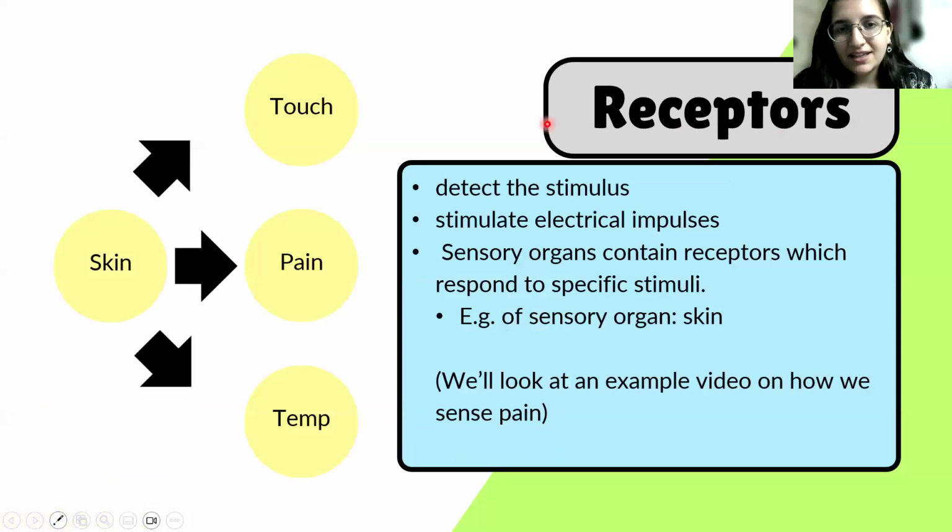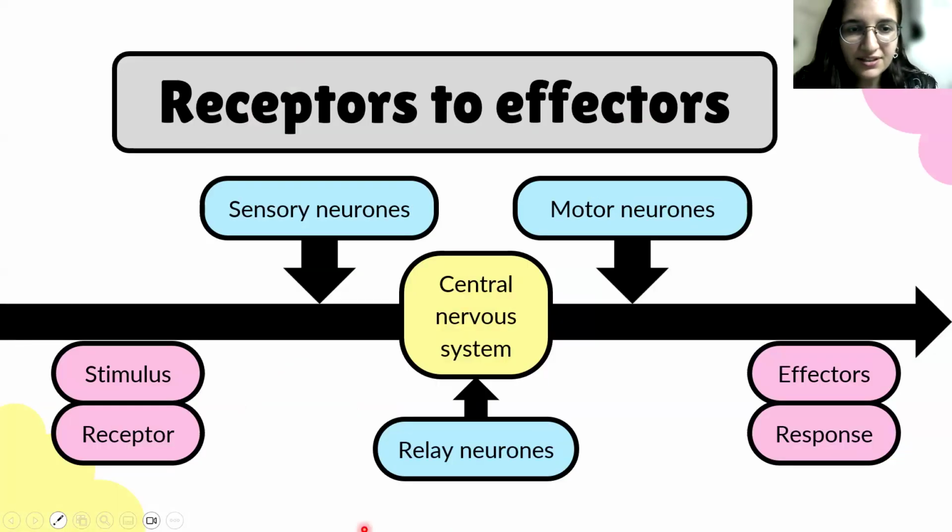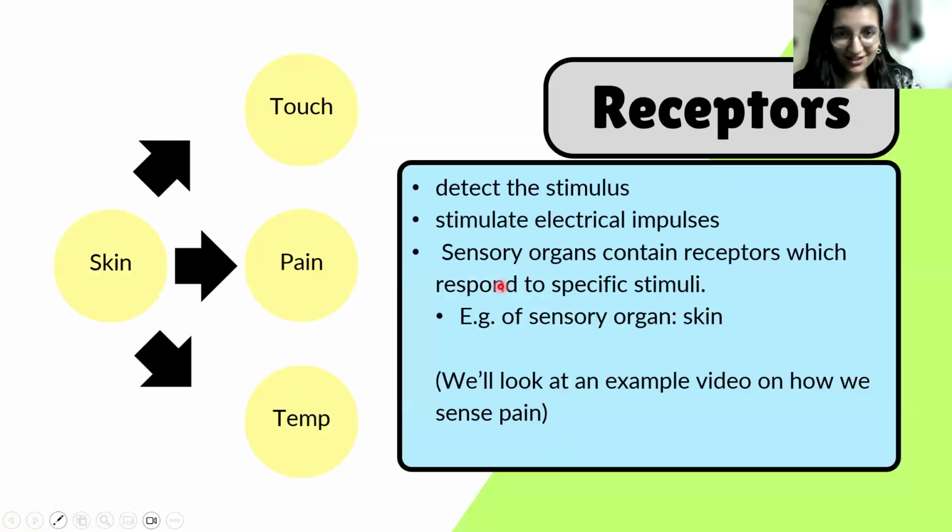Okay, receptors, again, we studied. The receptors are the ones that actually detect and sense change. They are very specialized, they detect the change. They also stimulate electrical impulses, they trigger that impulse.